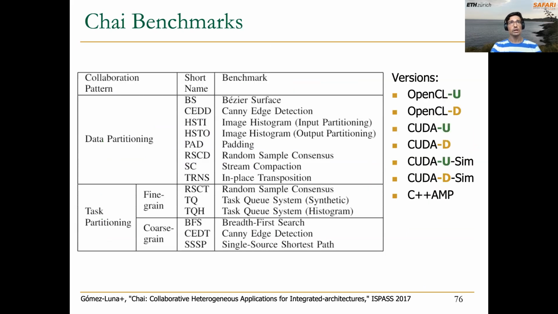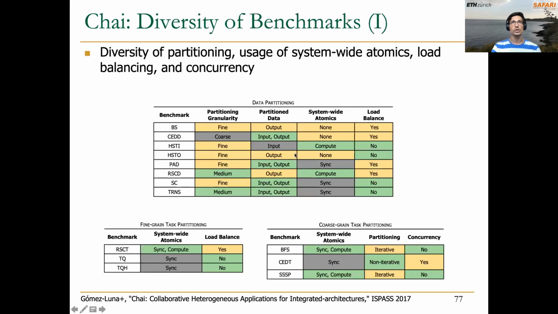And if we take a look at the details, here you have the complete list of the benchmarks that we have, like Bezier surface, candidate detection, histogram. As you can see, these are essentially the different use cases or examples that we have discussed in the previous slides. And you can see in this slide also the diversity of the benchmarks in terms of the partitioning granularity.